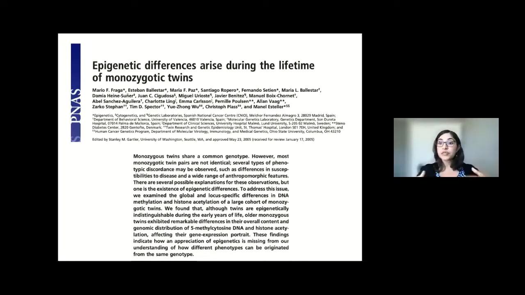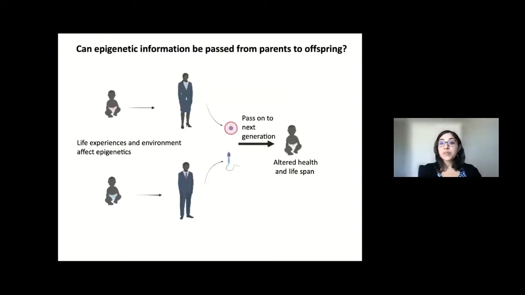And a lot of times it's due to the epigenetic changes they have accumulated during their lifetime. So this is quite interesting and tells us how epigenetics can play a role in our health, and it also suggests a very intriguing hypothesis, a possibility: can we transmit all these changes we have acquired during our life in our epigenome to our next generation?